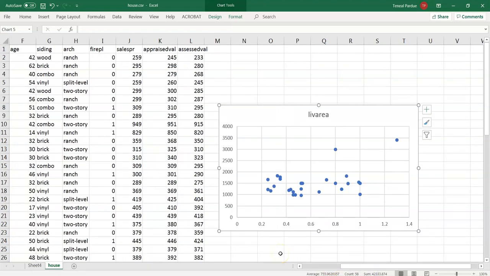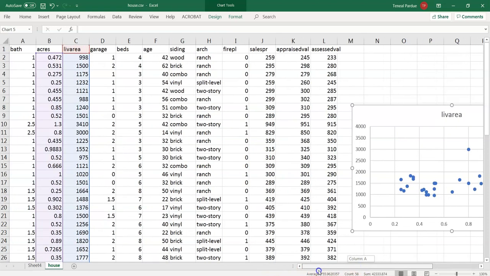In this case, there's not one that we're really trying to use to predict the other one. If there were, and we wanted to use acres to predict the living area, we'd make sure we put acres on the x-axis and living area on the y-axis. But in this case, we don't care about that.